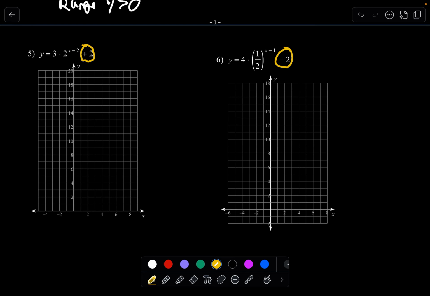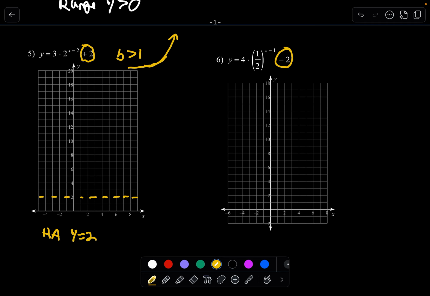So we know the horizontal asymptote, which is HA, is going to be y equals 2. So whenever you graph these, put down a dashed line at y equals 2. This is your horizontal asymptote. It'll help you graph these. Because we know that since b is greater than 1, it's going to be growth. So it's going to look like that. It's going to blow up to the right and flatten out to the left.